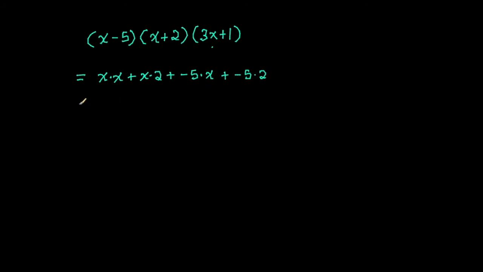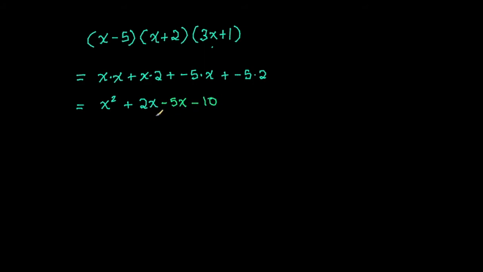Okay, now we can simplify this a little bit. This is equal to x times x is just x squared, plus x times 2, which can be written as 2x. And then plus minus just becomes minus, so minus 5x. And then finally, plus minus just becomes minus, and then 5 times 2 is 10.